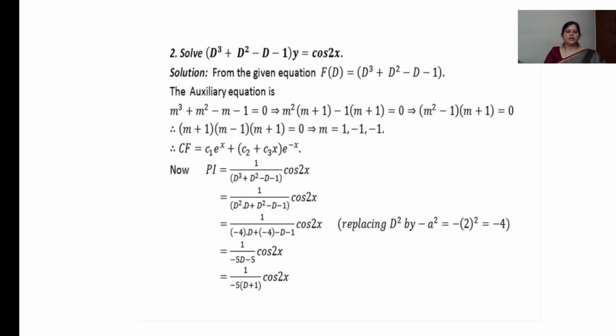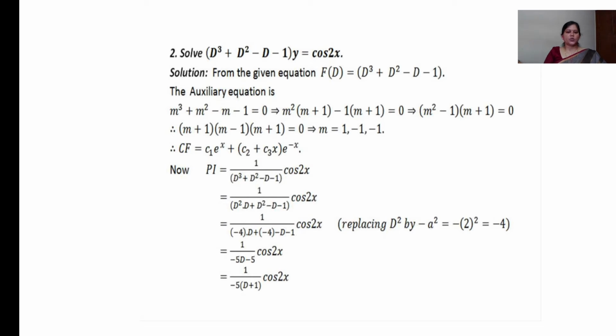Now in this method we have to replace D square by minus a square. That means we want to make it a D square term. That's why we take D cube as D square into D. Then we'll get D square into D plus D square minus D minus 1 in the denominator, then cos 2x is there.